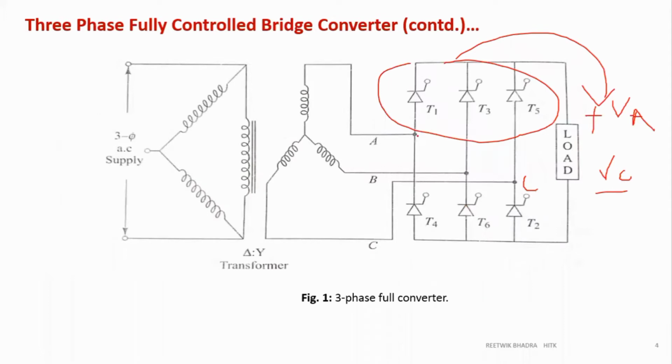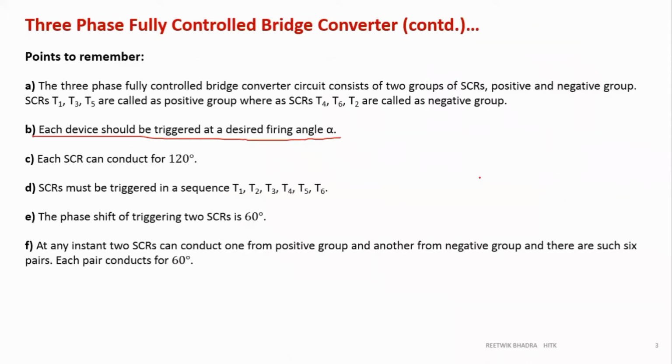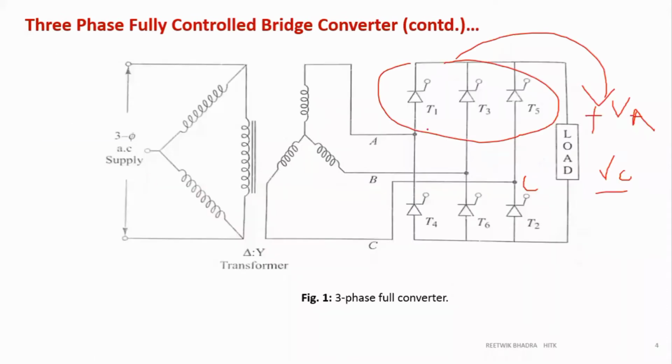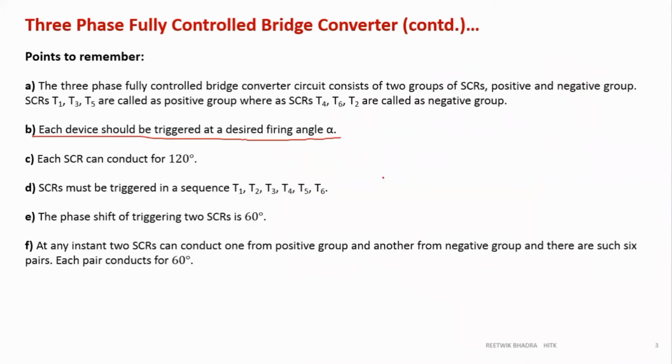T1 is connected to A, T3 is connected to B, and T5 is connected to C. So from T1 to T3, there is a phase change of A to B, a 120 degree phase shift. That's why each SCR will conduct for 120 degrees, because if you go from T1 to T2, you see A to C, again a gap of 120 degrees. So one SCR can conduct for 120 degrees only.